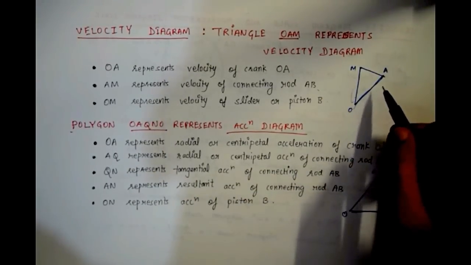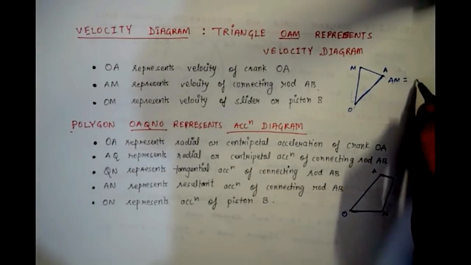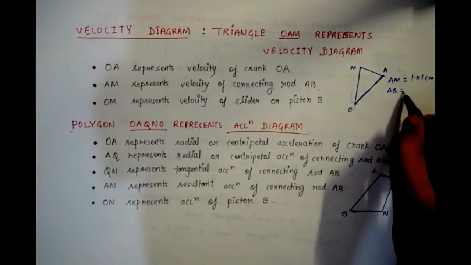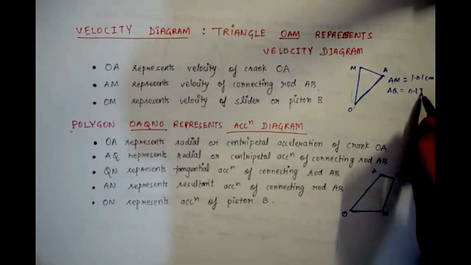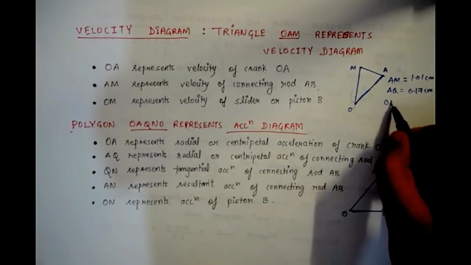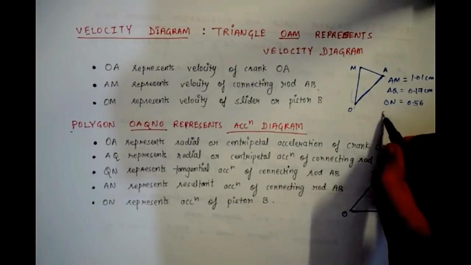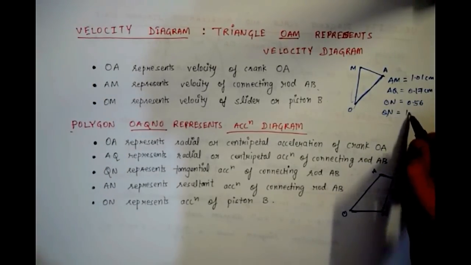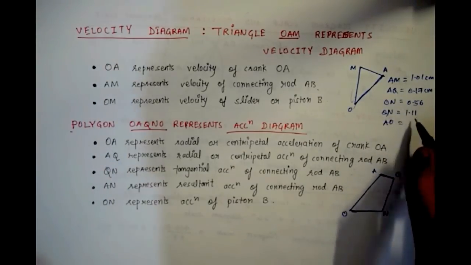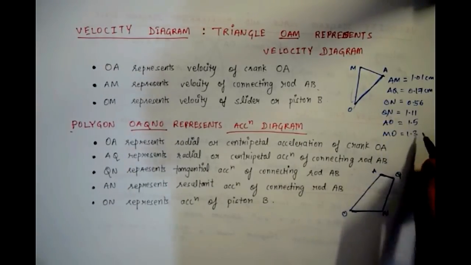If you do the actual construction work, the values will come out as AM equals 1.01 centimeter, AQ equals 0.17 centimeter, ON 0.56, QN 1.11, AO 1.5, and MO equals 1.3.